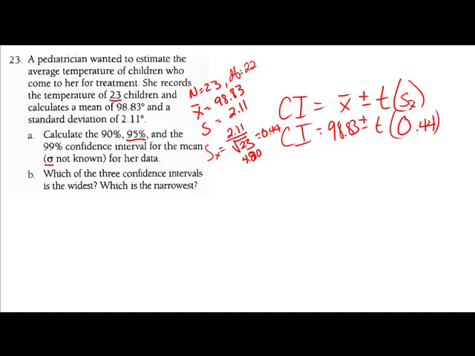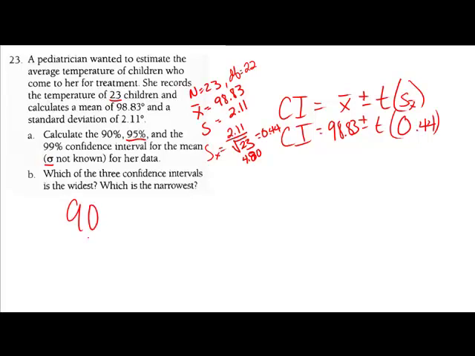Okay, I left t there for a reason. So what I want you to do is look at your t table. We have 22 degrees of freedom. The value that we put in for t is going to depend upon what confidence interval we want.